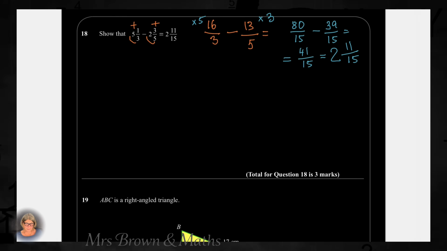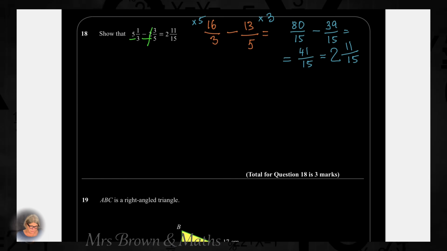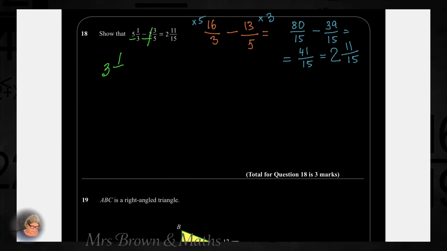Me personally, I would do it a different way. What I would do first, I would take away 2 from 5. So I would eliminate 2 to deal with smaller numbers. And 5 minus 2 is 3. So I have 3 and 1/3, take away 3/5.